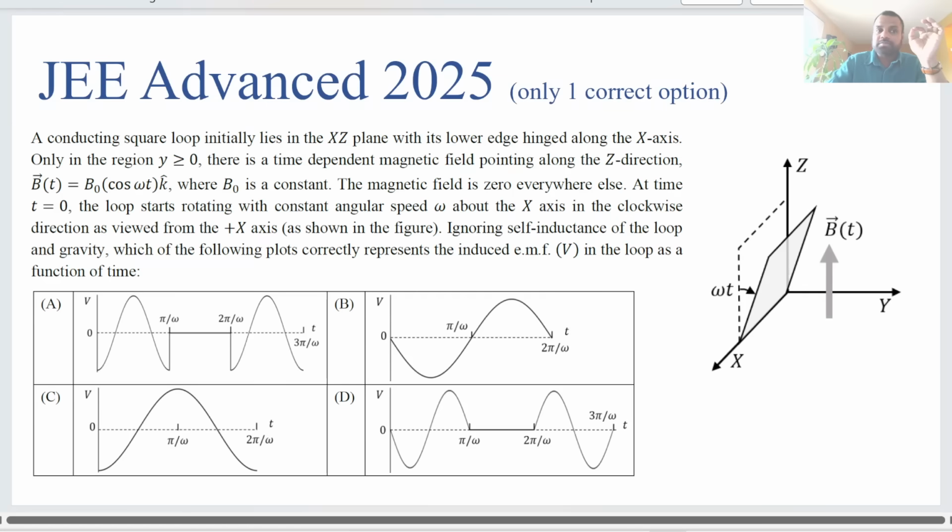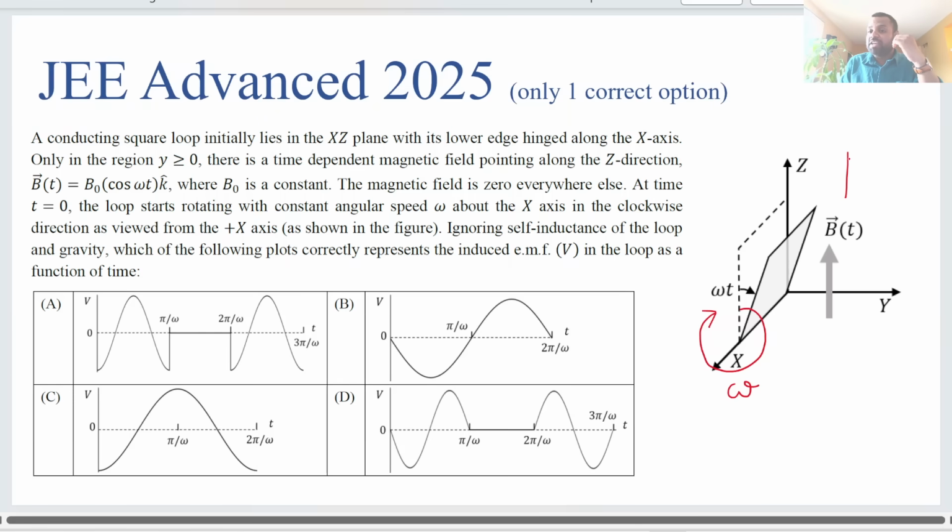Let's look at this problem from 2025. It was given in the question that only one option is correct in this problem. This problem looks complicated. There's a loop, right? And that loop is rotating about the x-axis with angular speed omega.